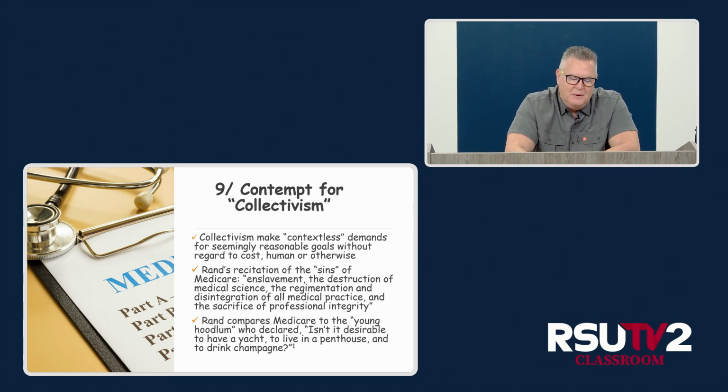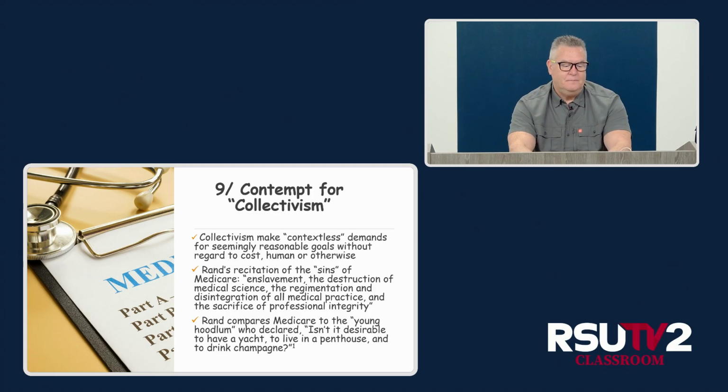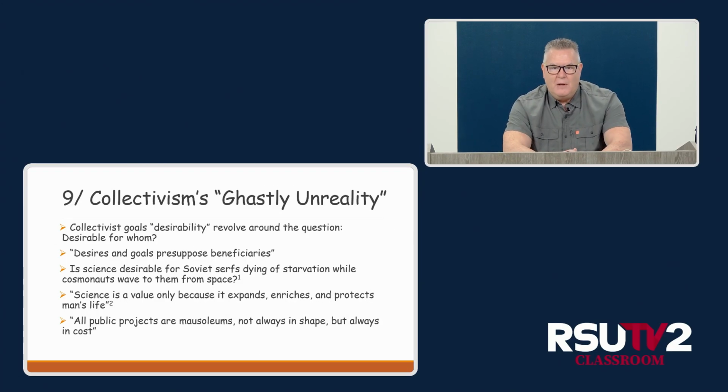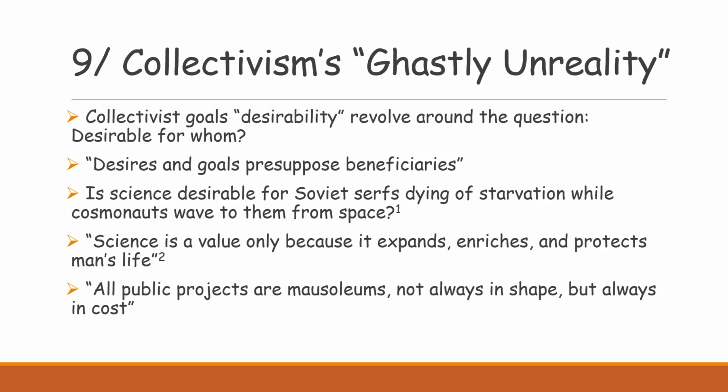The comparison demonstrates first and foremost that race baiting, and we should be under no illusion about the skin tone of her hypothesized young hoodlum or the 2 bank guards, was as fashionable in the 1960s for libertarians as it is today. So she basically characterizes collectivism as a ghastly unreality.